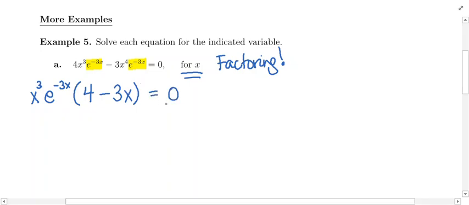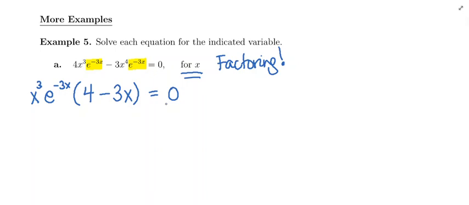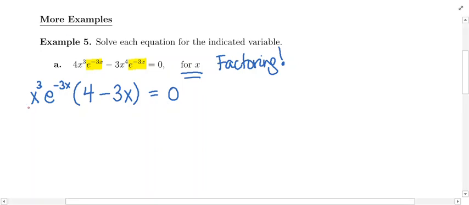Remember how factoring works. You factor the non-zero side and then you take each factor, set it to 0, and solve. We end up with 3 factors. Factors are the things that you're multiplying together. We have x cubed, we have e to the negative 3x, and we have 4 minus 3x.